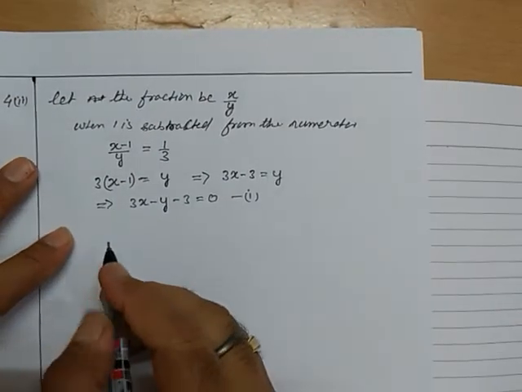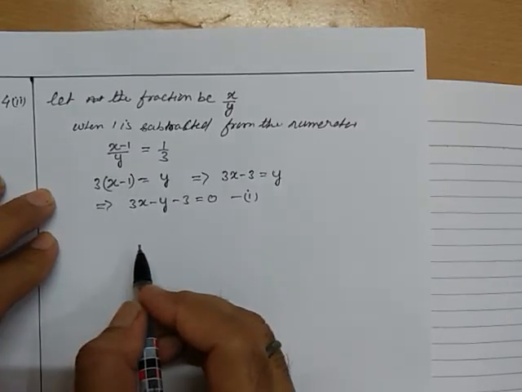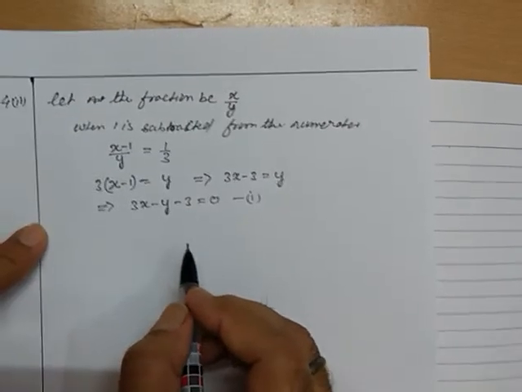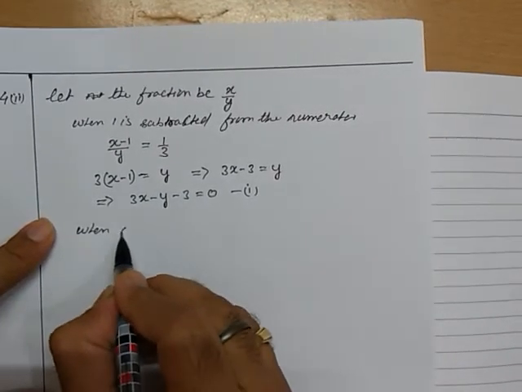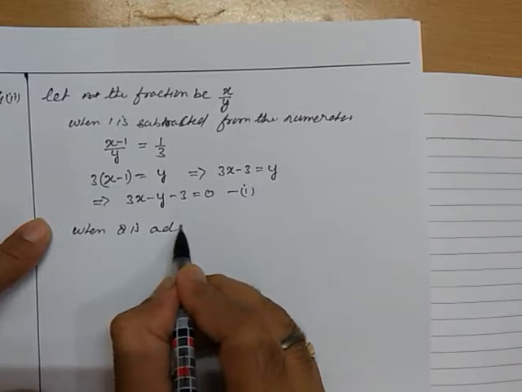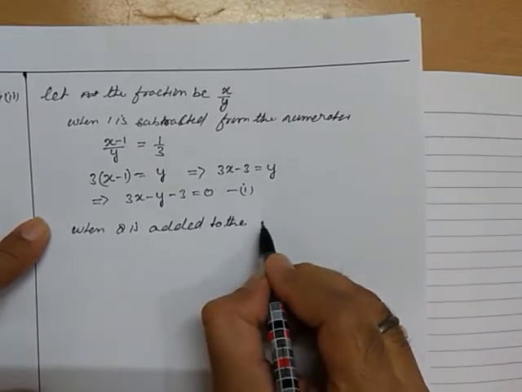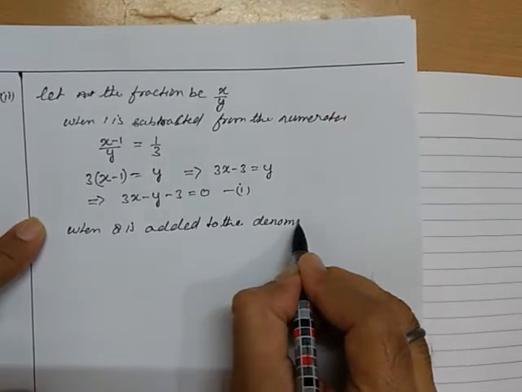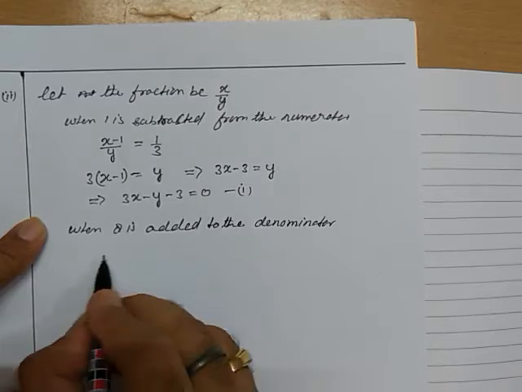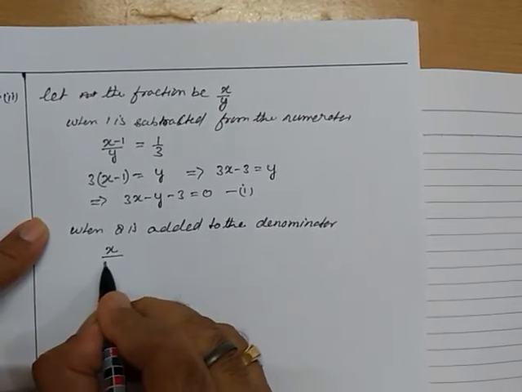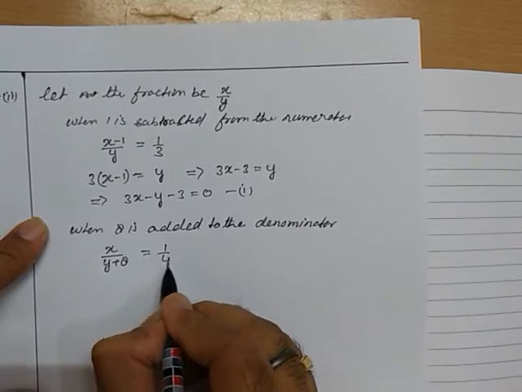And the next equation, further it says it becomes 1 upon 4 when 8 is added to the denominator. So here when 8 is added to the denominator, what will happen? x upon y plus 8, and this will become 1 upon 4.